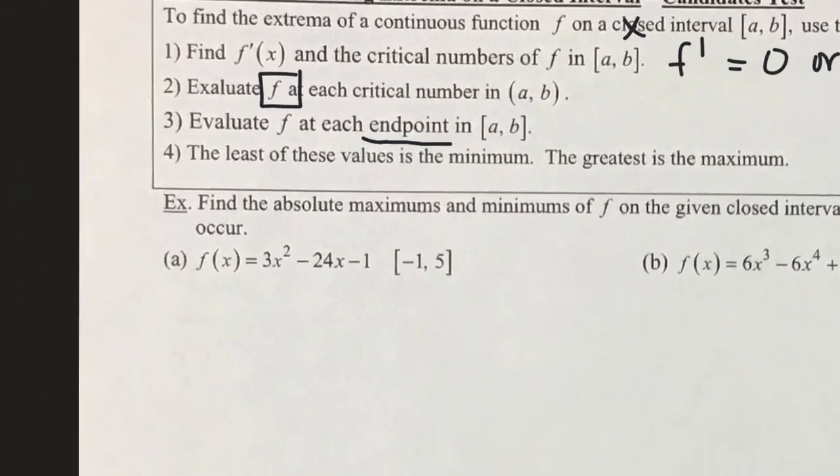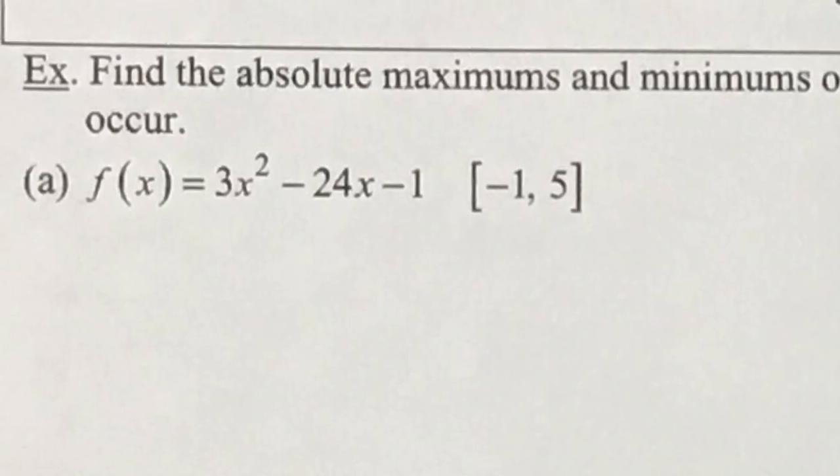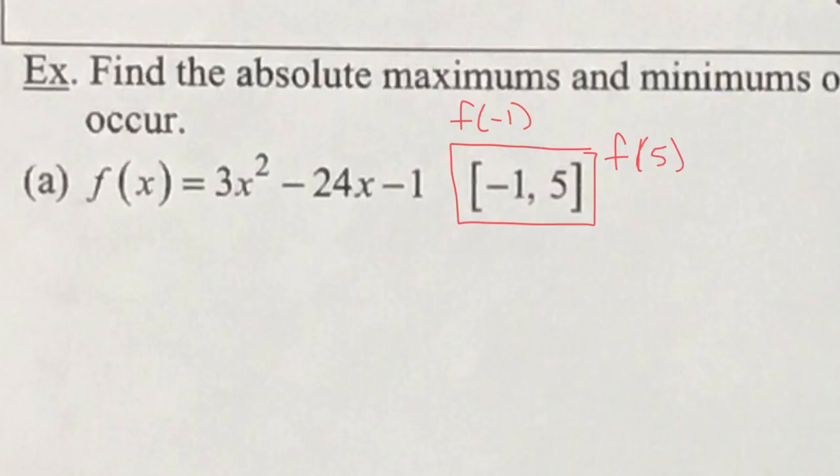So let's apply this to part A. Here we have a quadratic function, 3x squared minus 24x minus 1, and we're looking for the maximums and minimums on our closed interval from -1 to 5. Of course we want to figure out what f of -1 is, because that's an endpoint, and we're going to find f of 5 also.